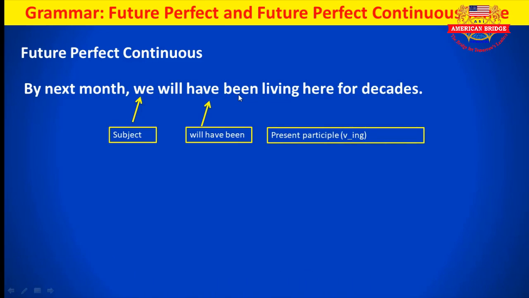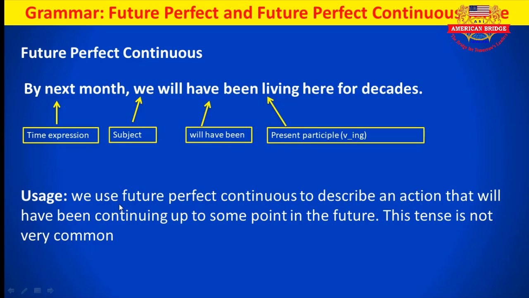And living is just the present participle, verb plus ing. Then the time expression, like by next month. We use the future perfect continuous to describe an action that will have been continuing up to a point in the future. This tense is not very common.